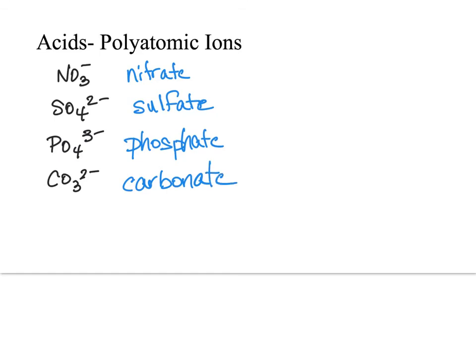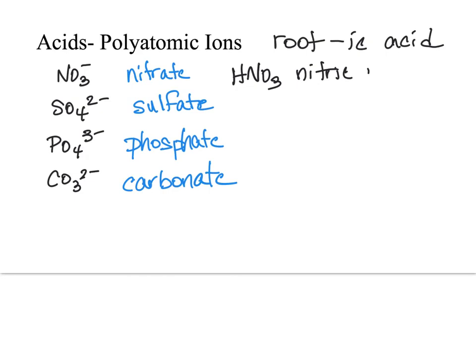The way that we name these acids is the root of the polyatomic ion, ic acid. So the first one shows the hydronium with it. And the name of this one is nitric acid.